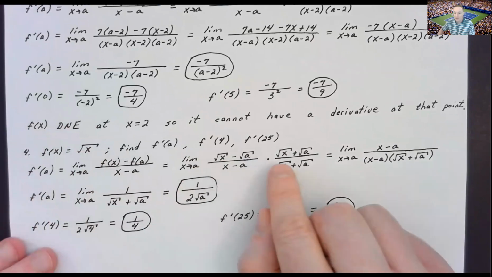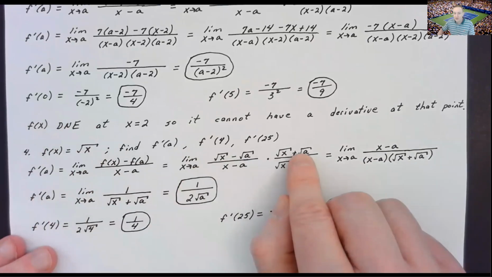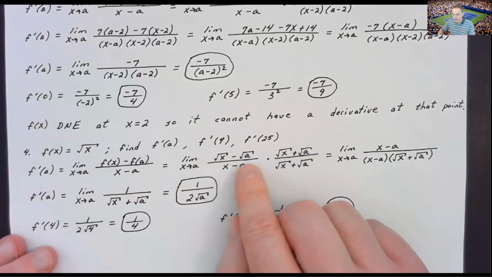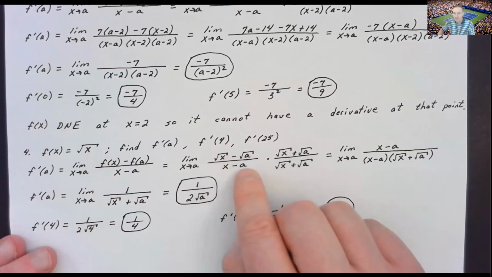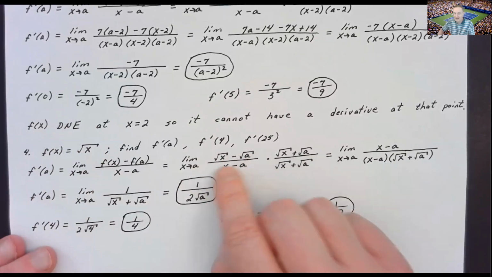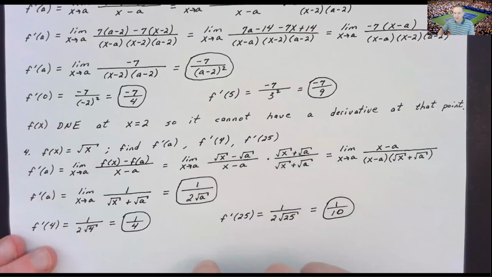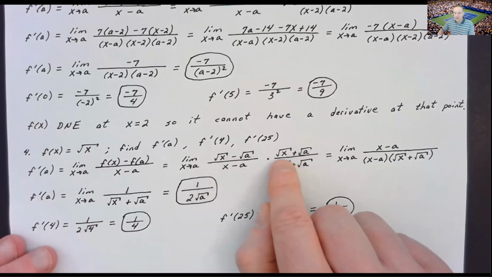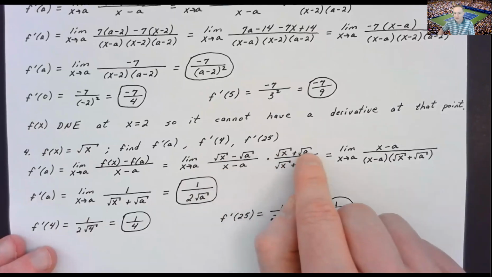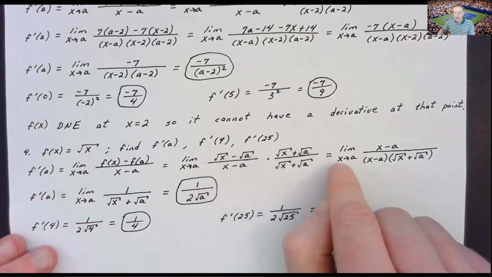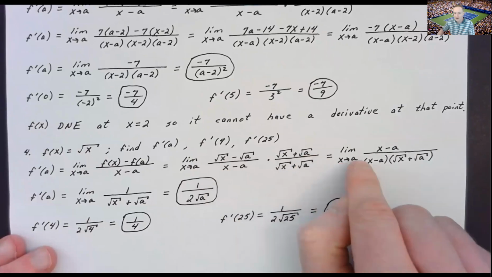I'm going to go ahead and multiply by the conjugate of the numerator. Again, the goal of everything I'm doing is with the hope of canceling out that x minus a in the denominator. So I multiply by the conjugate in the numerator, the square root of x plus the square root of a. This is going to equal the limit as x approaches a.